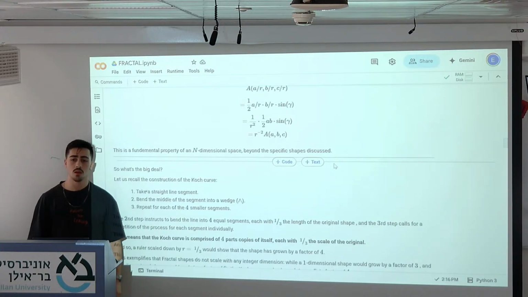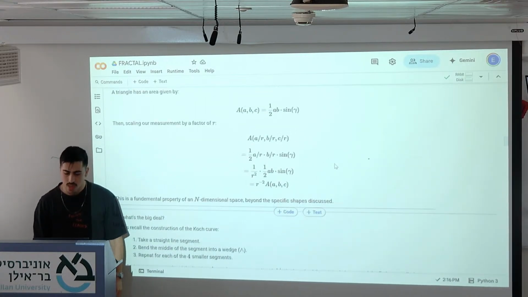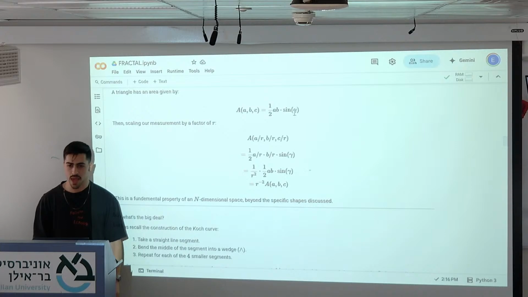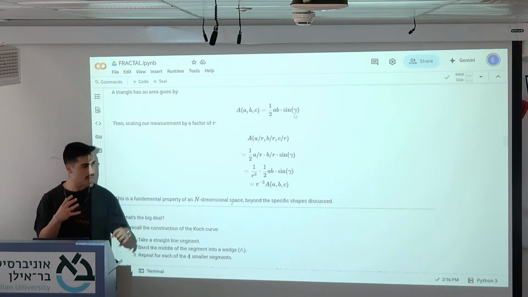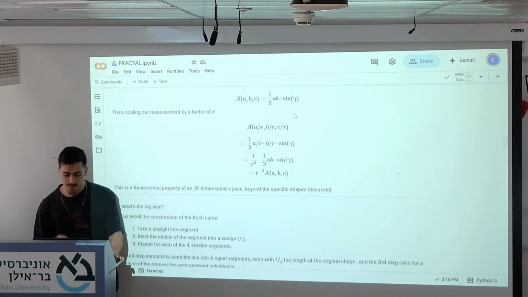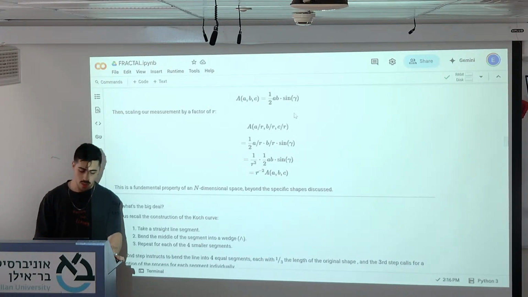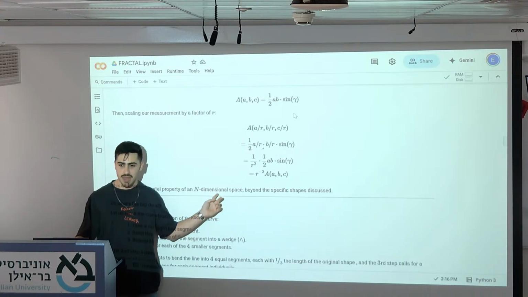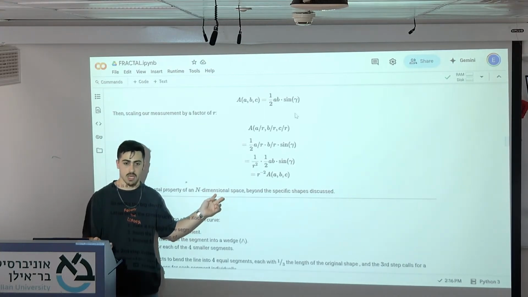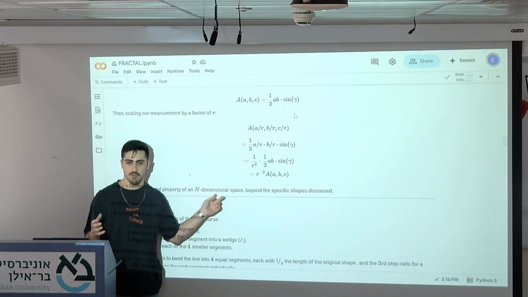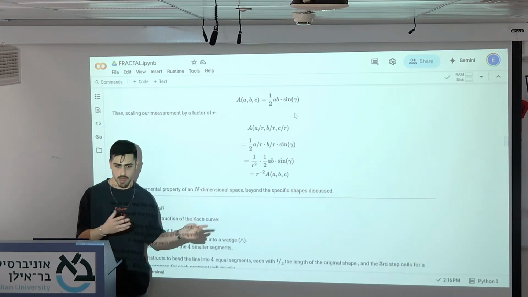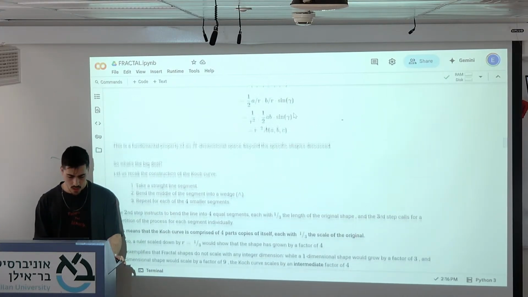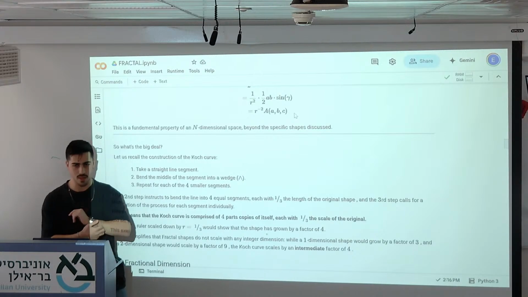Where is the c? c is represented with the angle gamma, right? Gamma is a function of a, b, and c. All right. So this is a fundamental property of any dimensional space beyond the specific shapes discussed, right? You can see for any two-dimensional shape that it has a square factor in all of their areas. All right. So what's the big deal here?